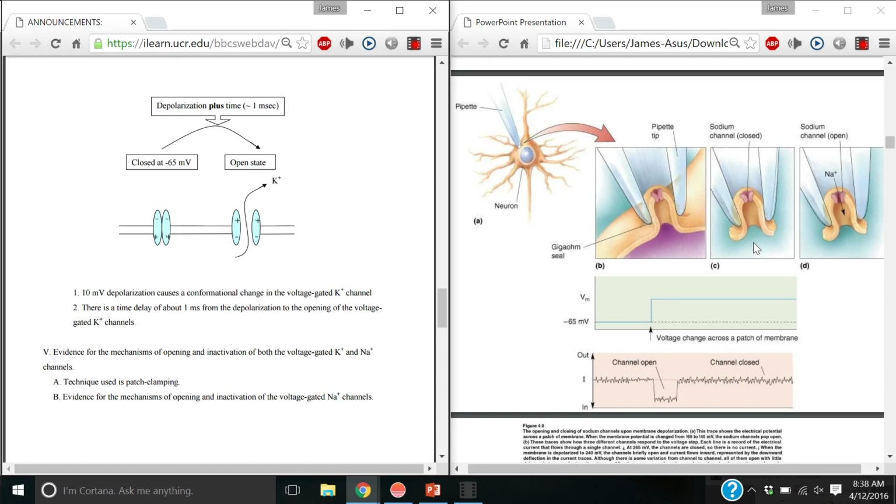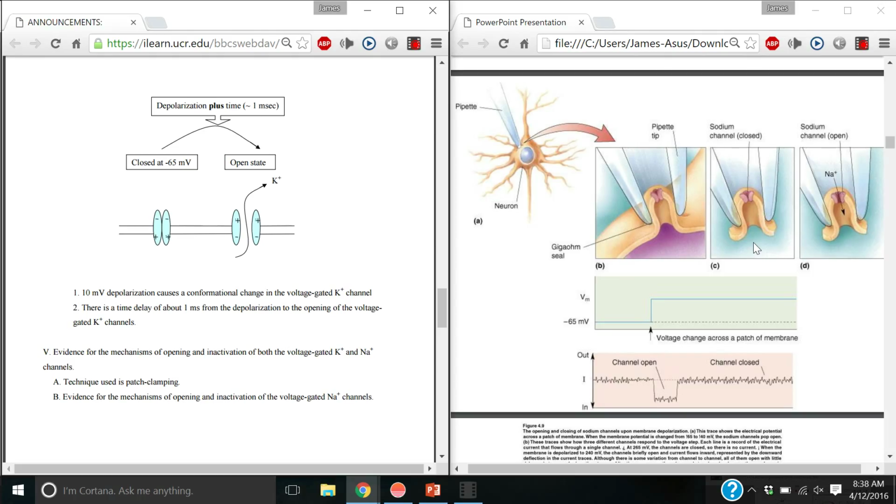Okay, so this is what you do, and then you want to see what current will flow through that single channel that you have in the patch. And of course, these are voltage-gated channels. So what you do experimentally, as an experimenter, is you apply a voltage. That's what's shown up here.